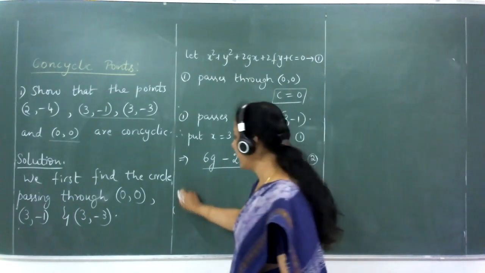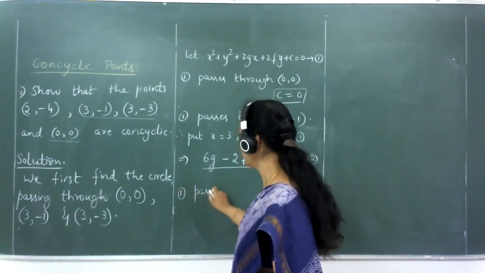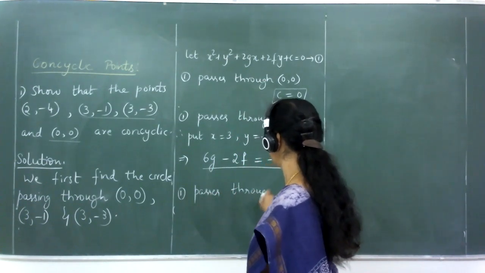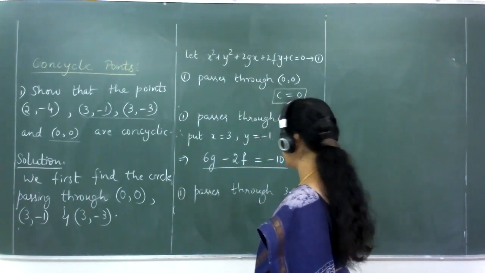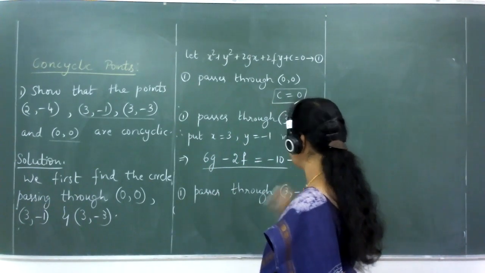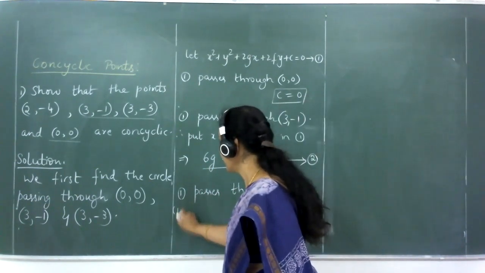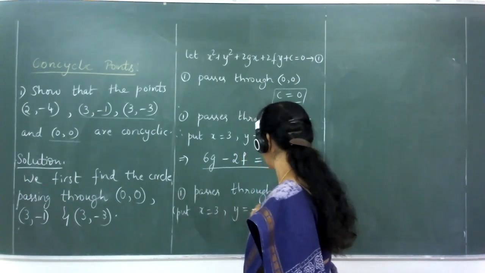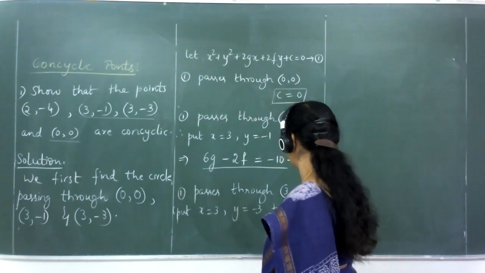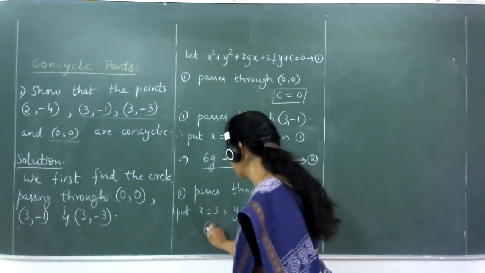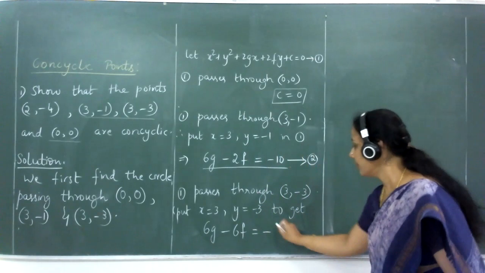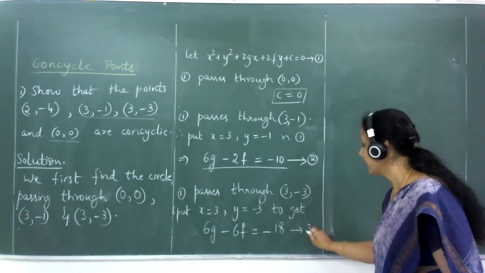I shall number this as equation number 2. Now I will be finding the equation when the circle is passing through the other point, that is 3 comma minus 3. We can substitute x equal to 3, y equal to minus 3 to get 6g minus 6f is equal to minus 18.